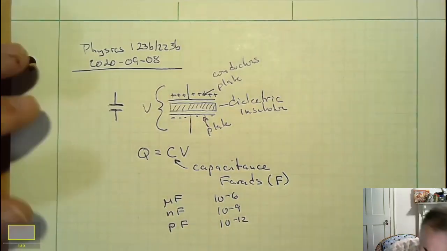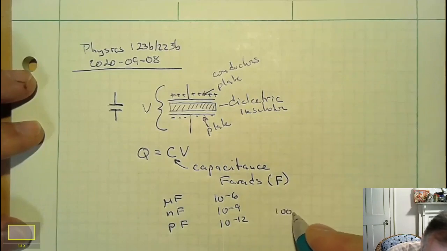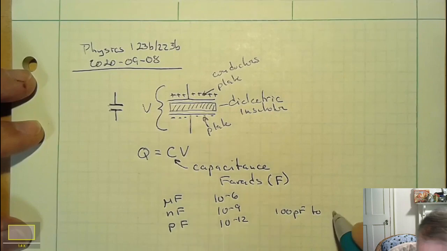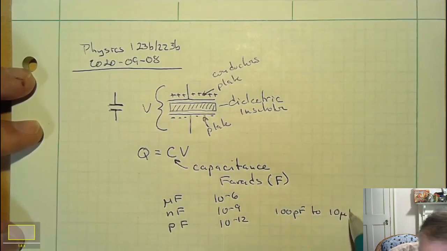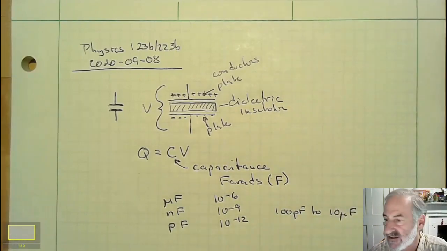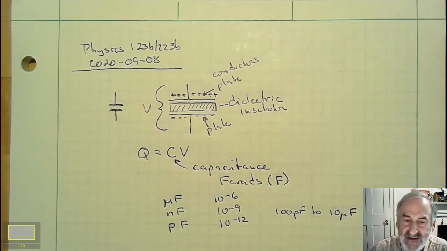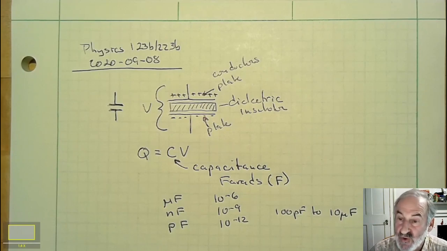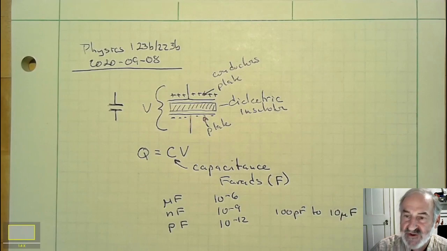And typically we're going to be using 100 picofarads to maybe 10 microfarads, a range that you might see in this course. Bigger capacitance means more charge stored for a given voltage, so more stored energy. So a big capacitor can store a lot of energy, and I think we should probably stop here and take a look at a demo of a capacitor storing charge.